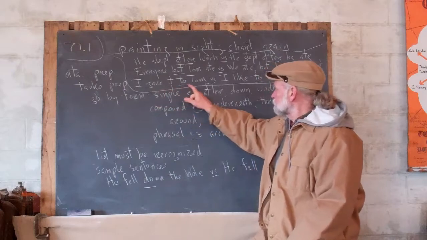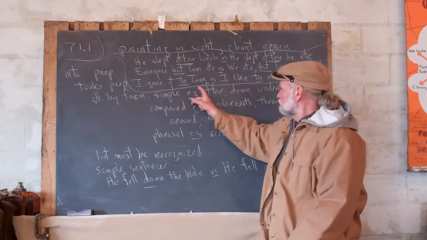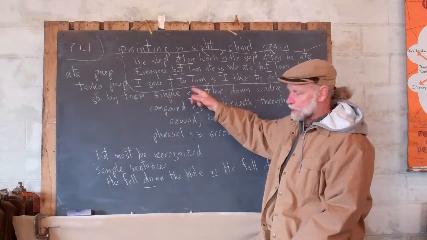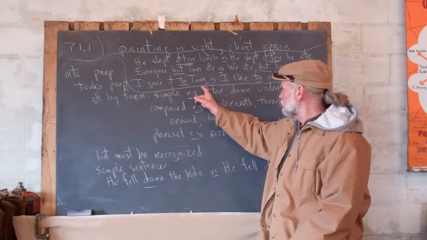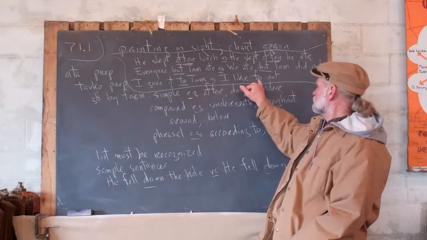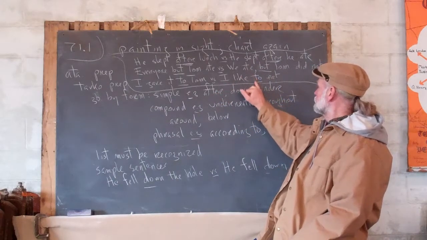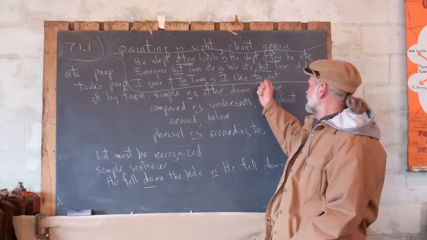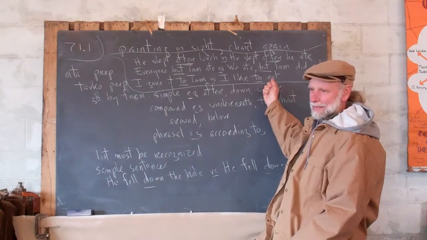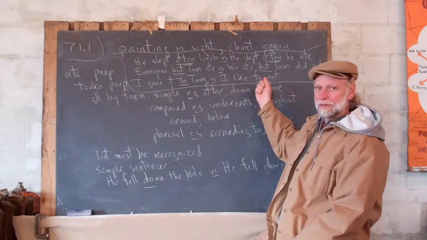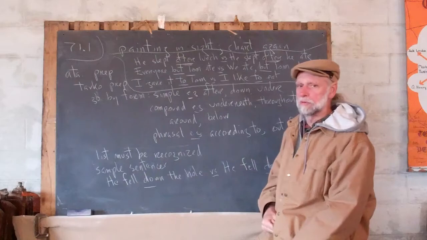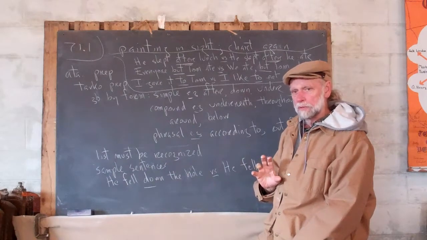If you say, I gave it to Tom, right there we have a prepositional phrase, because there's the preposition, ends with the object of preposition, I gave it to Tom. But if you say, I like to eat, this is not a prepositional phrase, because it has a verb at the end of it. This is what's called the infinitive, which I have told you. I said that that's the way you name verbs if you're being careful with your grammar.